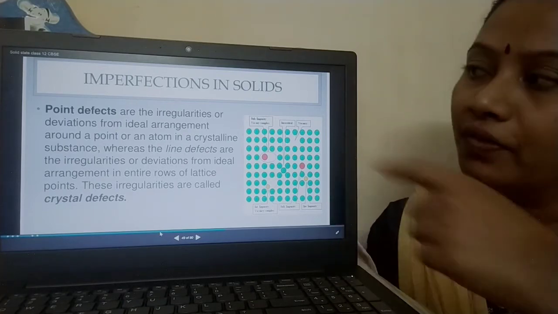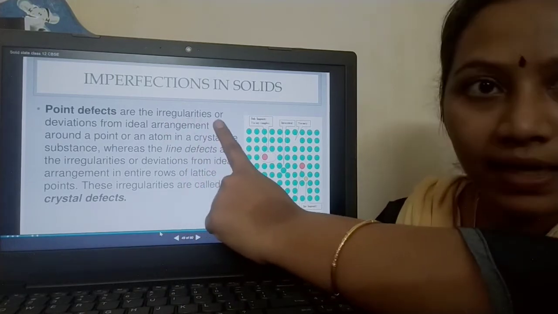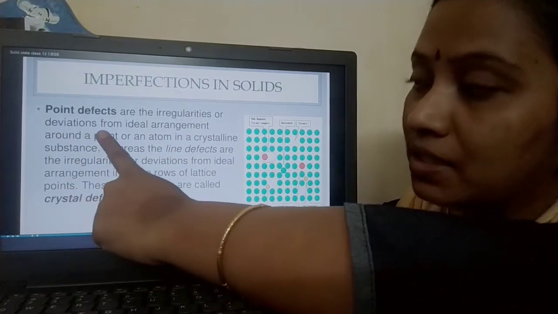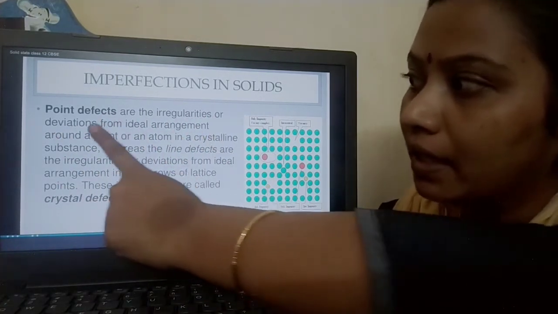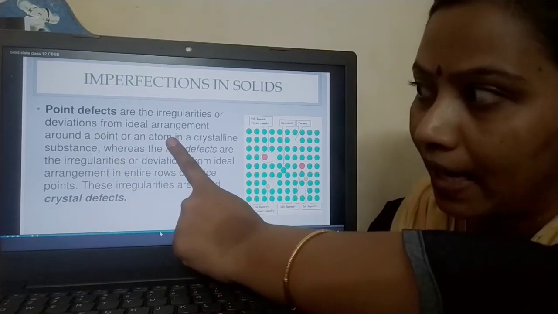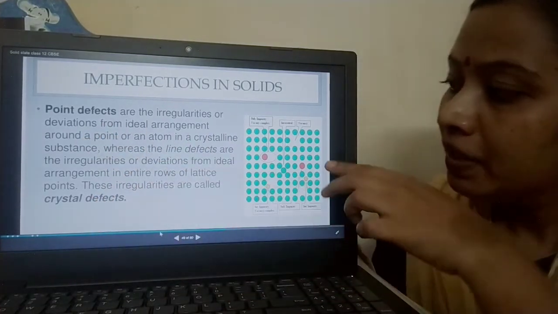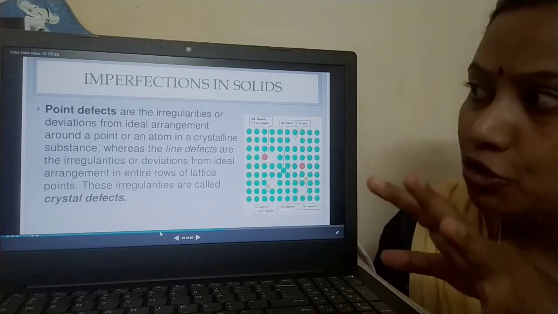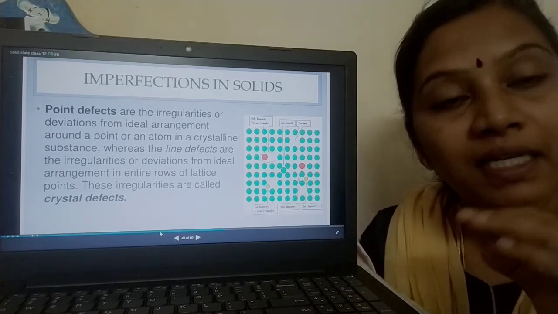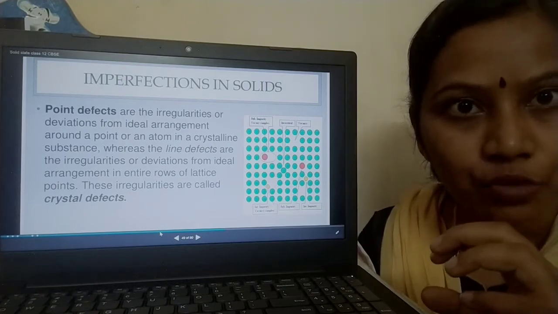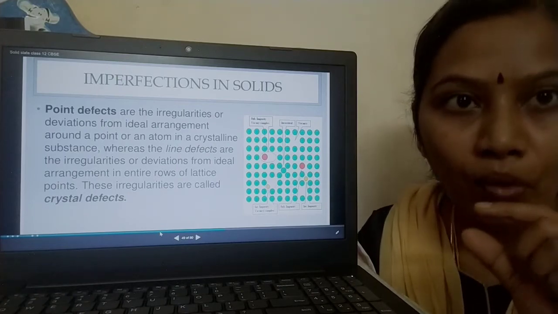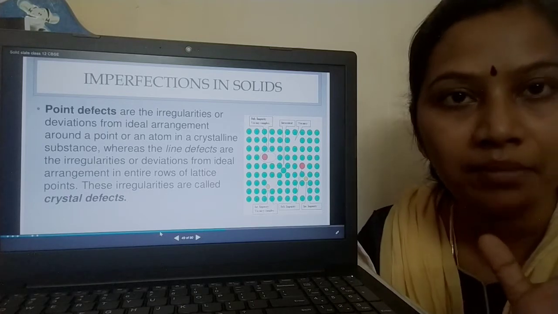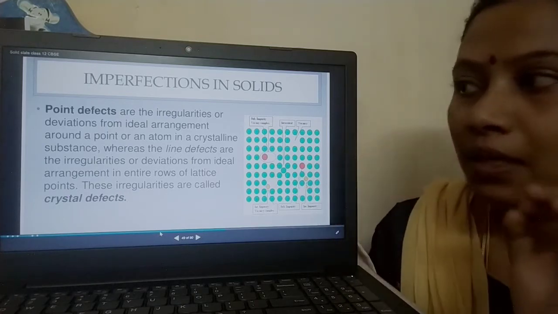Point defects are irregularities or deviations from the ideal arrangement around a point or around an atom in a crystalline substance. Whenever there is a deviation from the regular arrangement around a particular point or atom, that defect is called a point defect.